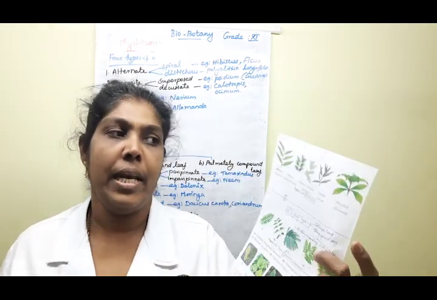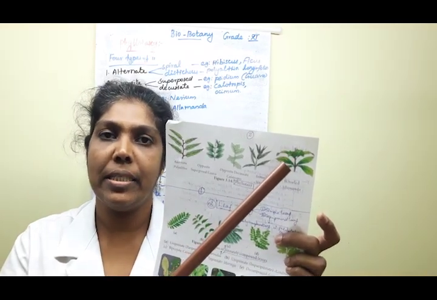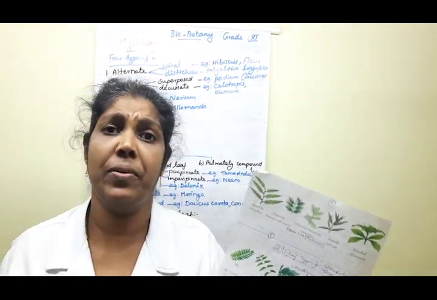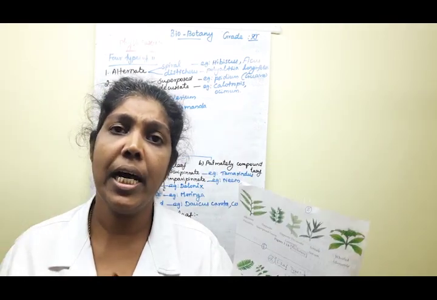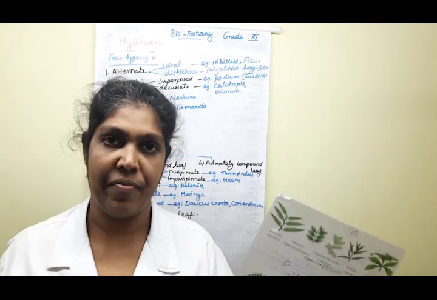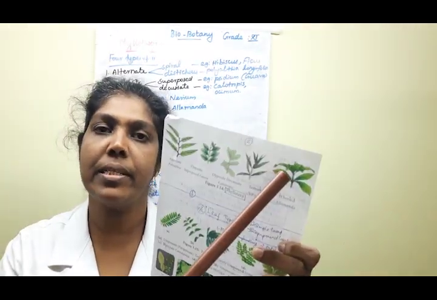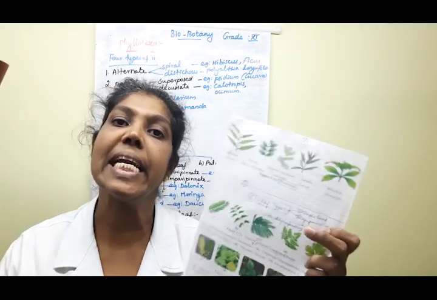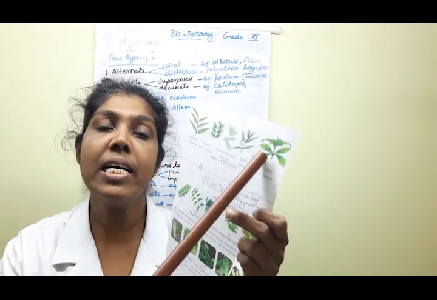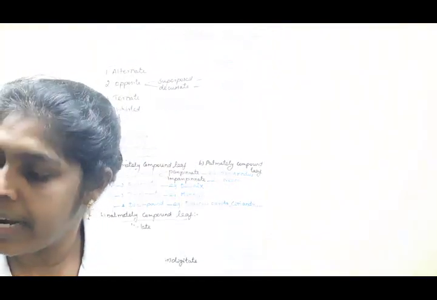Clear? Yes. Then the last type of phyllotaxy is whorled phyllotaxy. Here each nodal region bears more than three leaflets. Each nodal region has more than three leaflets, arranged in a whorled manner.